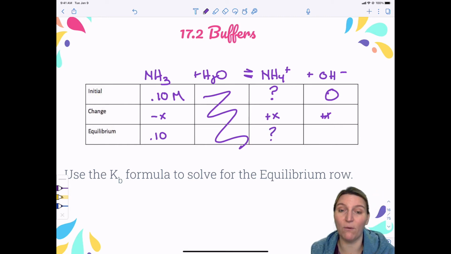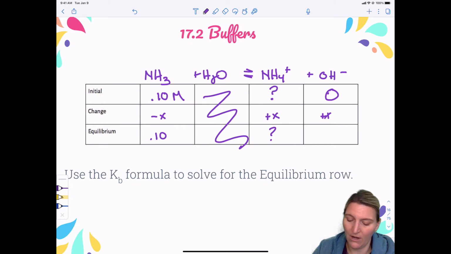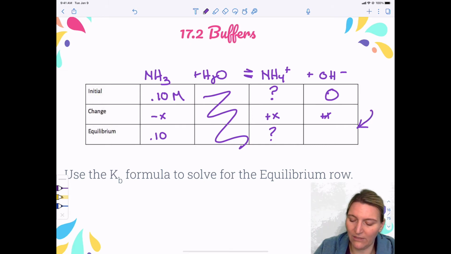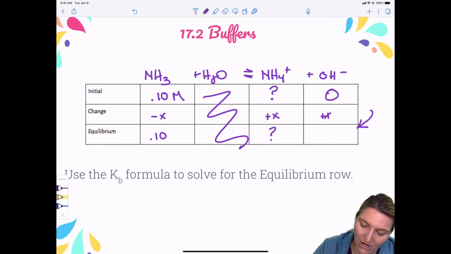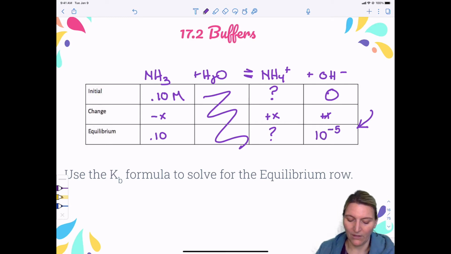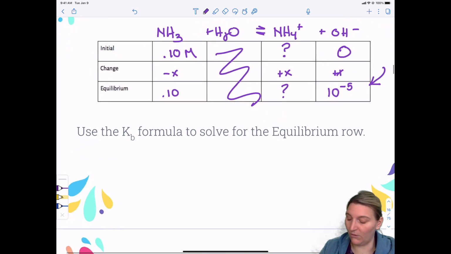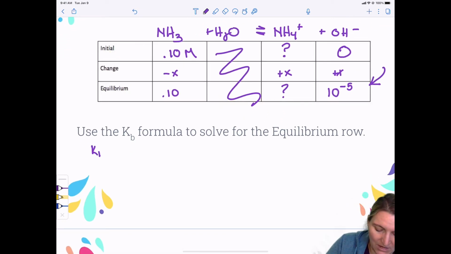This is going to still be the one I'm looking for, right? The question was asking for moles of ammonium chloride. And this guy, how would I know this guy? Well, it tells me that I want the pH to be 9. If the pH is 9, that means the pOH is 5, and so the OH minus concentration is 10 to the negative 5. So use the Kb to solve for the equilibrium row, right? The Kb for ammonia is 1.8 times 10 to negative 5.